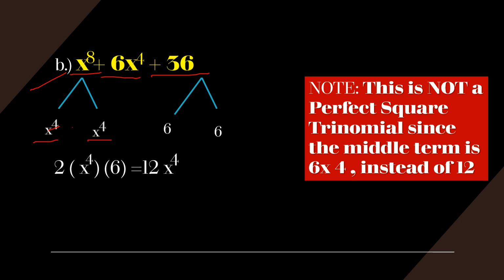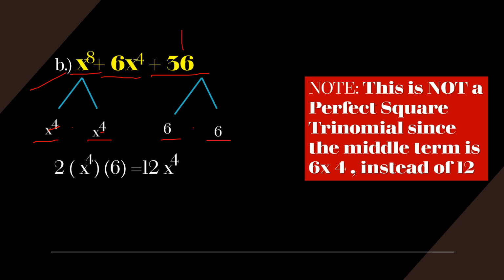We're going to put it here because if we are multiplying the variables, we're going to add the exponents. If we add exponents 4 plus 4, this is 8. And then of course the last term we have 36, and the square root of 36 is 6. So we're going to put another 6 there. So 6 times 6, that is 36.